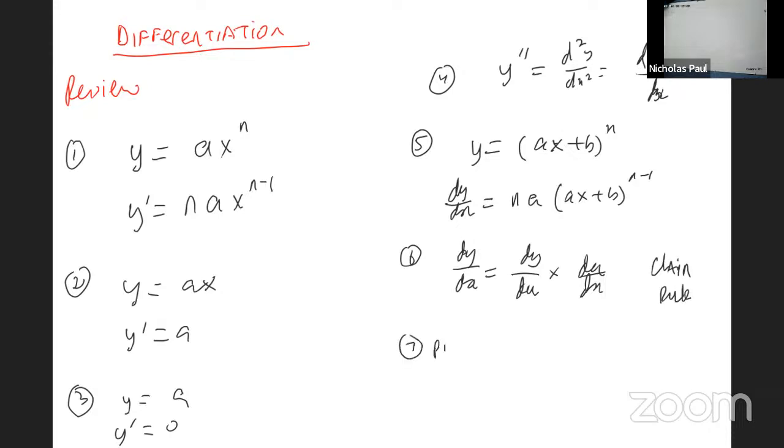And then you have two more rules. You have your product rule, and you have a quotient rule. See if you remember the rules, write it down.